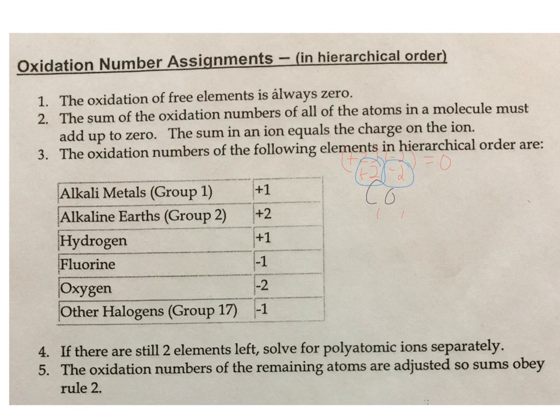Here we have methane, which is CH4. And as we go through our list here, we see that our third rule here about hydrogen tells us that the hydrogen here is going to be a +1. There are 4 of them, so the total is going to be +4, and knowing this has to add up to 0, our carbon therefore must have a total of -4 for its oxidation values.